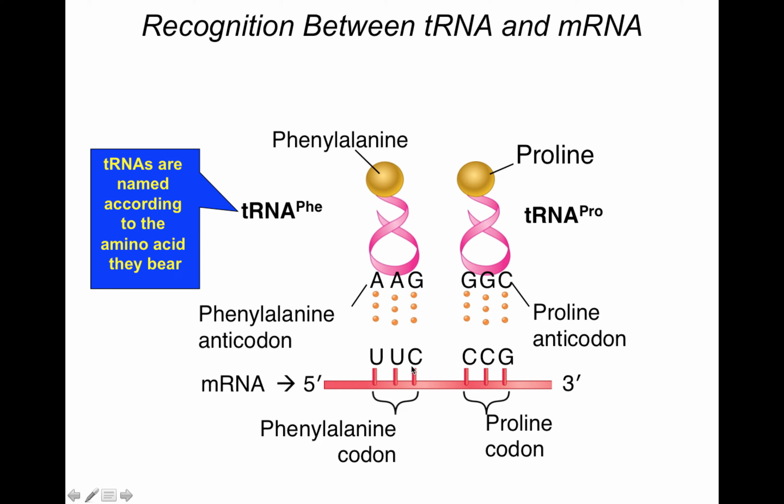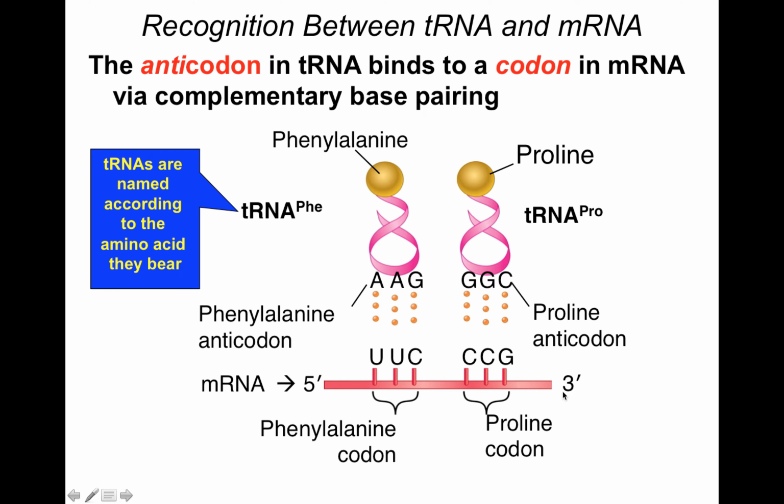This is the codon for phenylalanine, and the phenylalanine anticodon on the tRNA will bind here and bring this amino acid into the ribosome at the right time in the right place. tRNAs are named according to the amino acid they bear, so this is a tRNA Phe or phenylalanine. This is a tRNA Pro. Notice that the tRNAs are anti-parallel to the messenger RNAs. And notice again that there is no gap here.